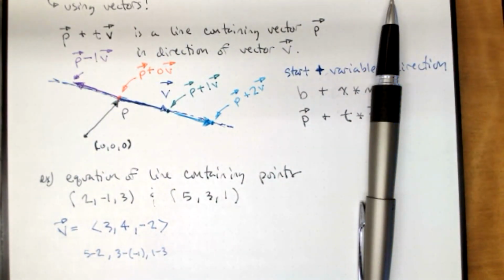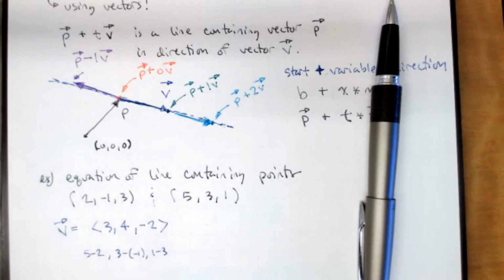This isn't the only vector. I just said the one on the left was the start and the one on the right was the end. Another candidate for describing the vector in the direction of the line containing these two points is to go the other direction.